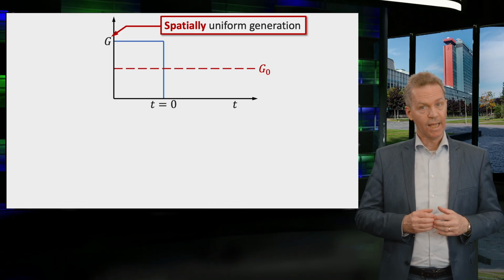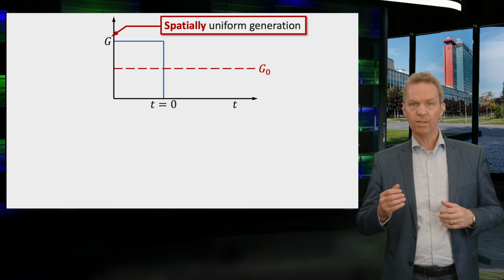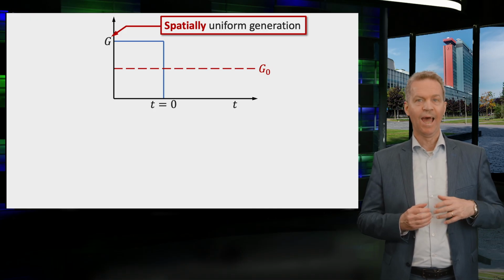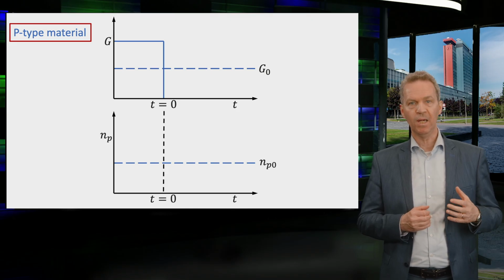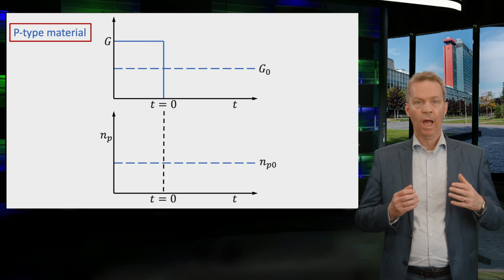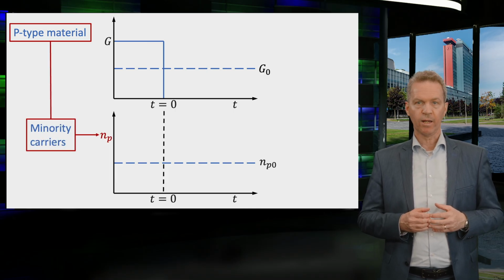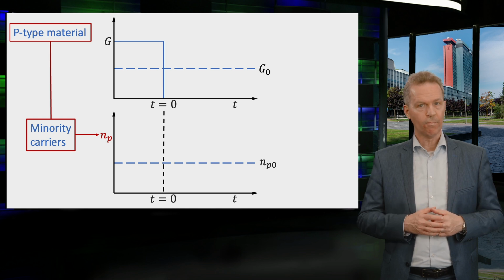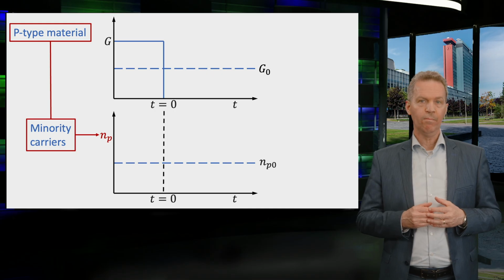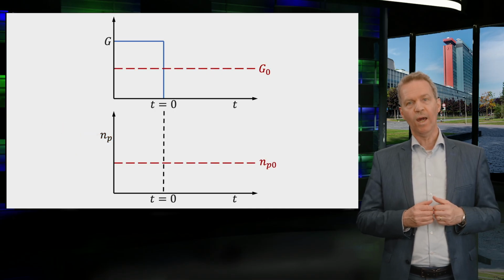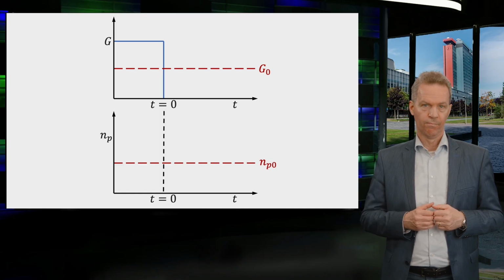We are now particularly interested in the response of the carrier concentration to the change in the generation rate, and as an example, we look at the electron concentration in a p-type semiconductor. These electrons are minority carriers in a p-type semiconductor, which is indicated by the subscript p. The electron concentration at thermal equilibrium resulting from the thermal generation rate is indicated by the dashed line in the bottom figure.